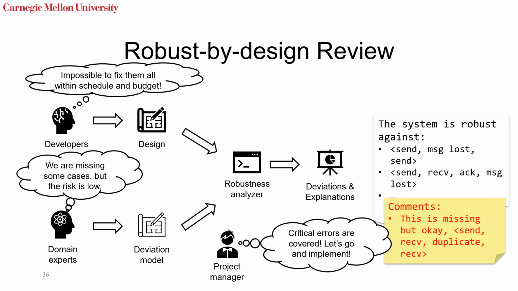In sum, there are many more use scenarios. Compared to traditional model checking tools, our tool provides a systematic view of system robustness at design time. That is, what erroneous scenarios are covered and what are not. With this information, developing teams can make more reasonable decisions regarding the robustness or overall quality of the final product.